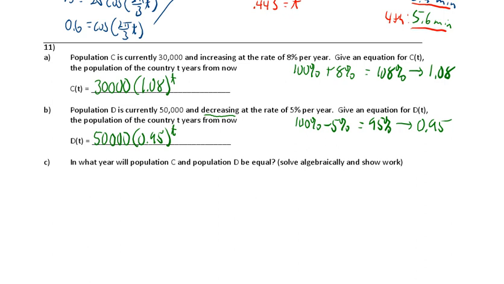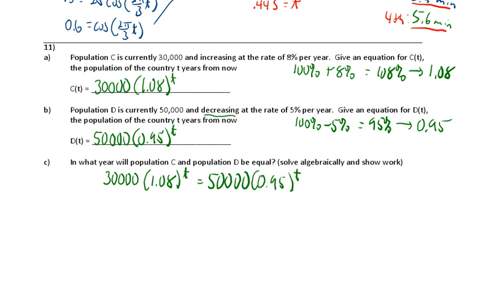All right, so let's go ahead and set them equal to each other, because that's what C is asking. When are these equal to each other? And we don't need all these zeros. In fact, if I was doing this for myself, I would just call it 3 and 5. And let's go ahead and do that now.